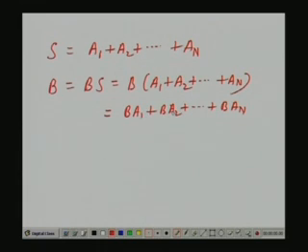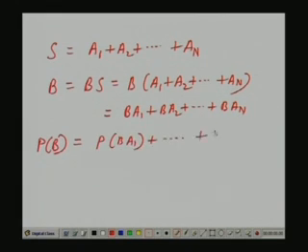Then again B and A2, this intersection is also a member of A2, and similarly this is a member of An, and since they are mutually exclusive, these sets also are mutually exclusive, which means P(B) is nothing but P of these, and since they are mutually exclusive, you can write like this, and then using the conditional probability theorem, or definition, we can write each of them like this.